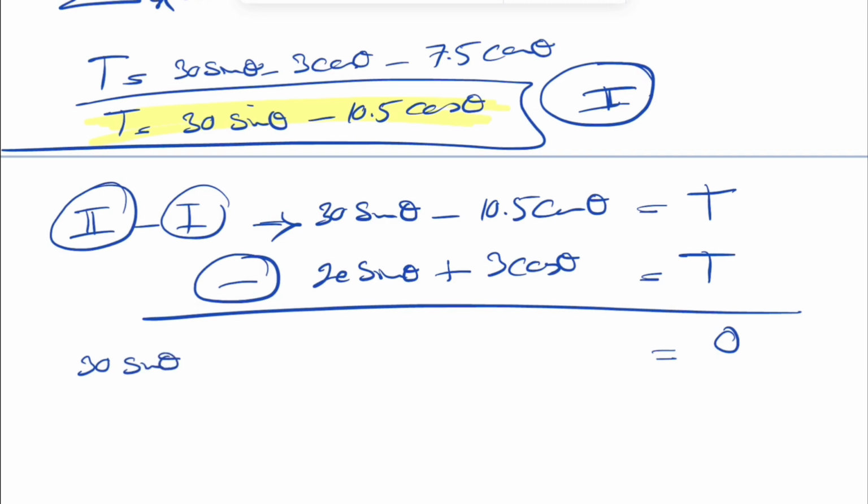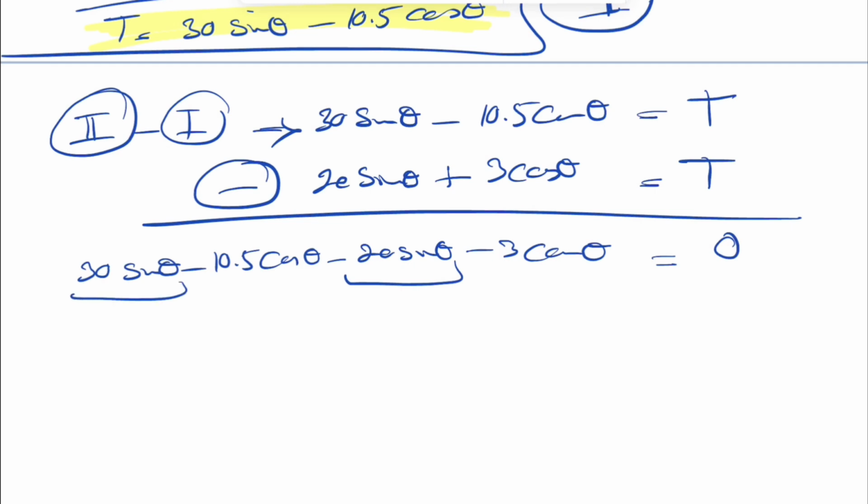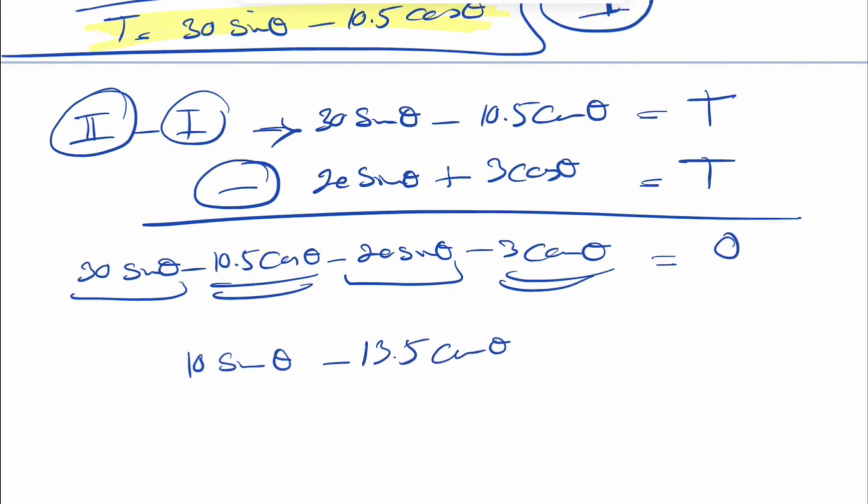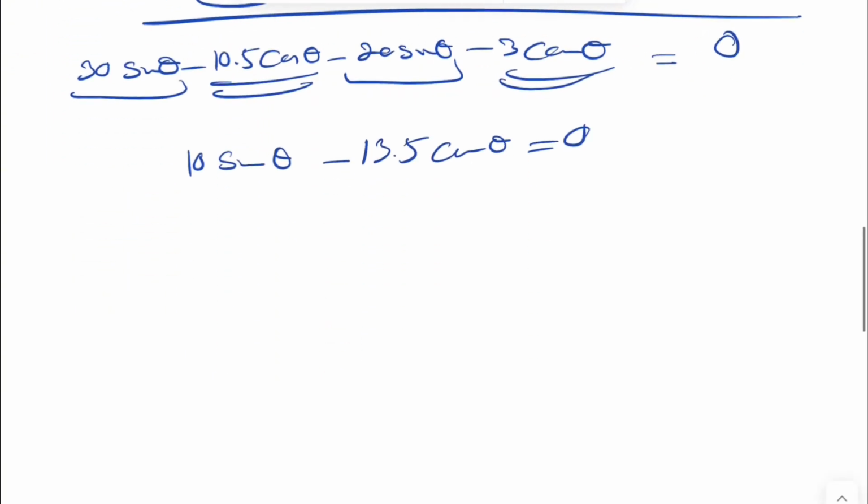So 30 sine of theta minus 10.5 cosine of theta minus 20 sine of theta minus 3 cosine of theta. So we have these two, 30 sine of theta minus 20, 10 sine of theta, and we have these two, minus 10.5 minus 3, minus 13.5 cosine of theta equals 0.